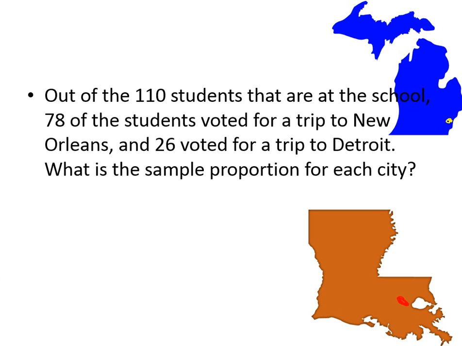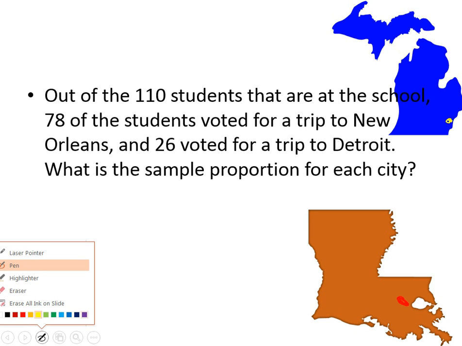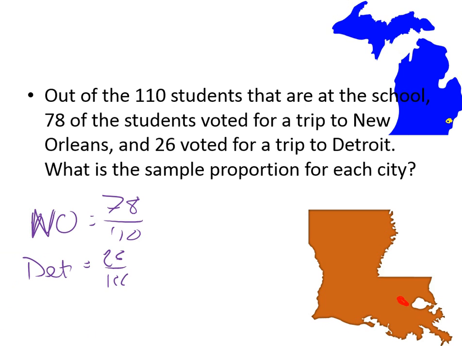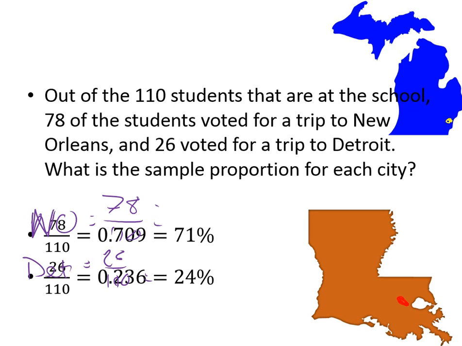We want the sample proportion for each city. For New Orleans it would be 78 over 110, and for Detroit, 26 over 110. Then we find the decimal, fraction, or percentage however we want. The sample size is your denominator, and the numerator is how many wanted that certain one. So New Orleans is about 71%, and Detroit about 24%.